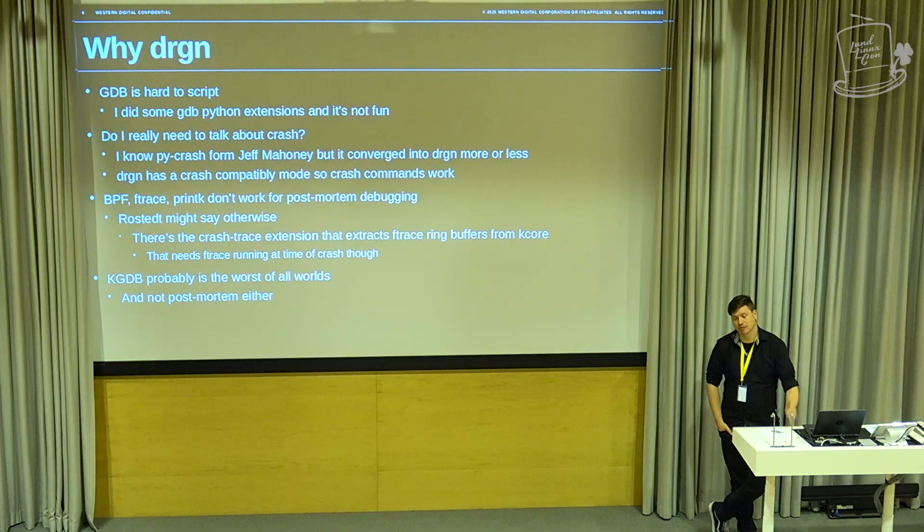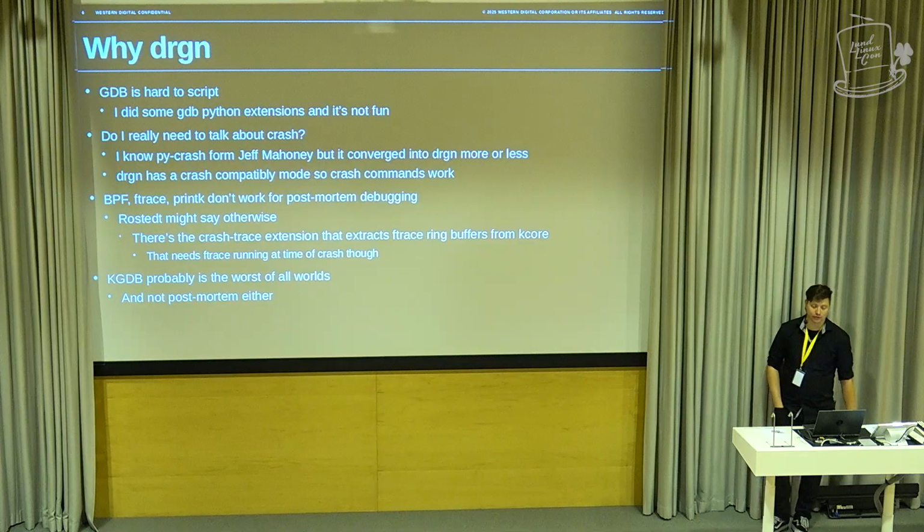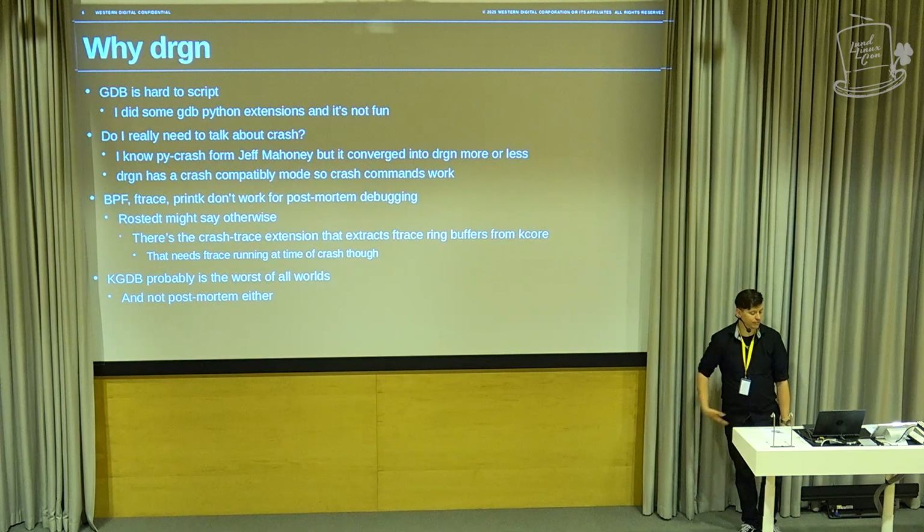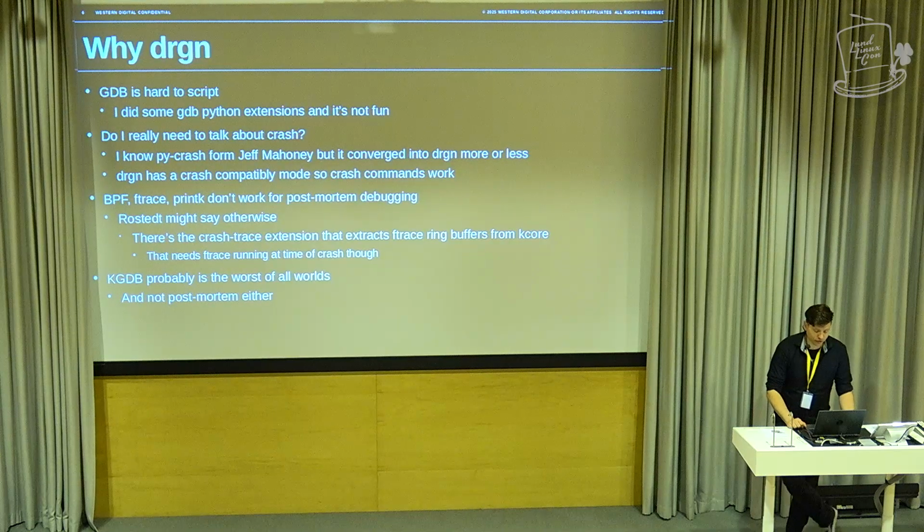Crash works on a live system, Crash works on a crash dump, but it's very awkward to use, and you have to recompile it every other kernel release because something changed. Well, that's true for Dragon as well, but it's just a Python library, so it's easier. You don't need to do all the compiler runs. And as I said, Dragon has a crash compat mode, so if you're used to crash, you can these days work with Dragon as well.